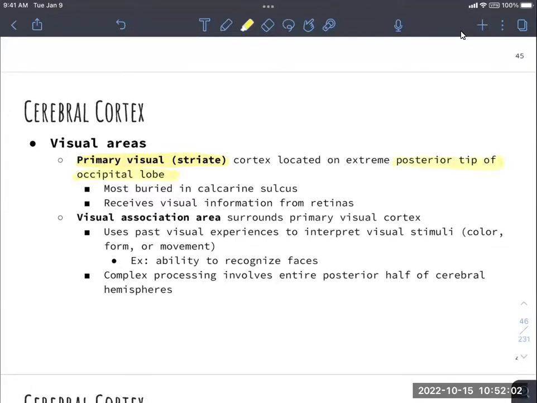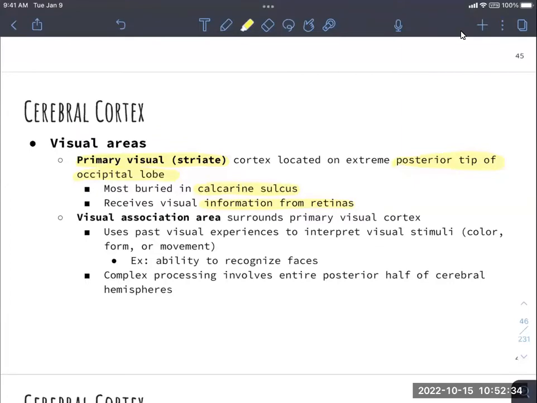It's at that posterior tip of the occipital lobes. We have what is called a calcarine sulcus, and that primary visual cortex is kind of back in there. And that is what processes information that is going in through your eyes. So whatever you're looking at right now is being projected in that primary visual cortex.